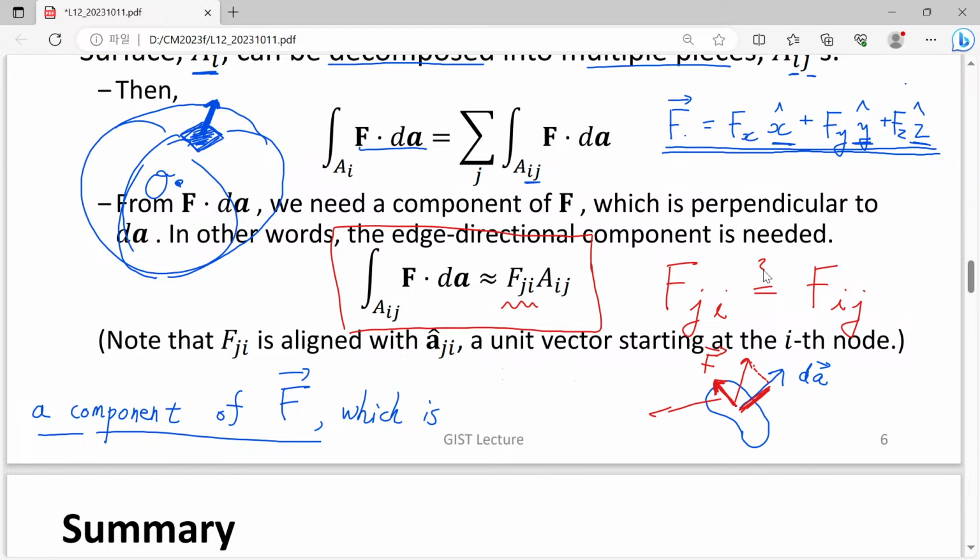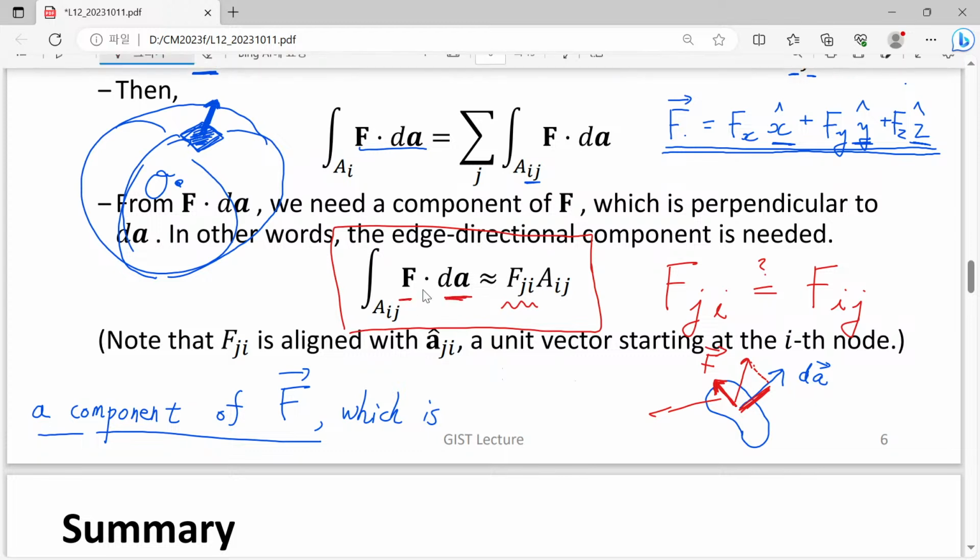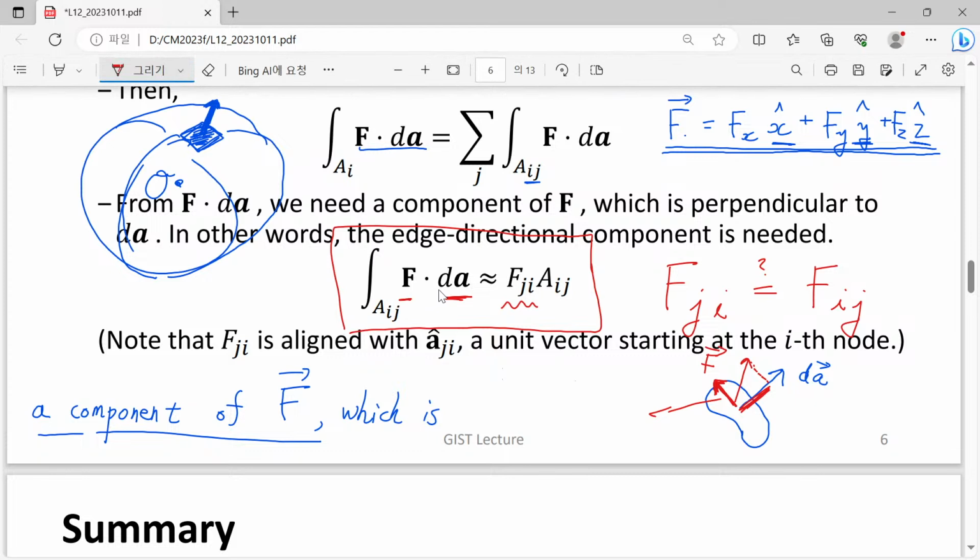Actually not, because this one is a vector quantity and this one is a vector quantity, so their direction is important. We are considering r sub I, which is inside the box, and r sub j, which is outside the box.